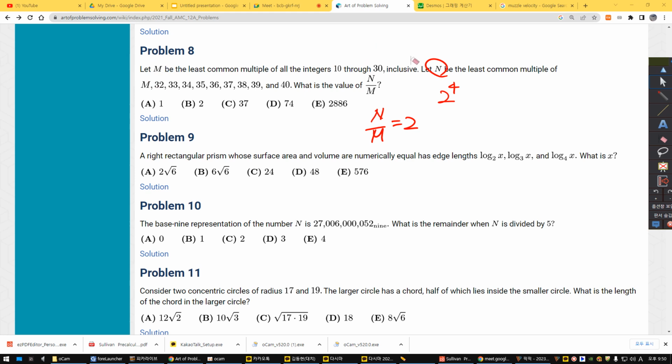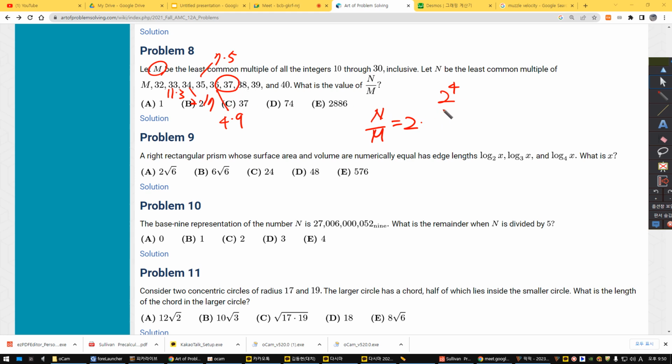And for number 33, does m contain this number 33? Because 33 is 11 times 3, it already has this 11 and 30, so we don't have to think about this. And 34, 2 times 17, these numbers are included in this 10 through 30. 35, it will have these factors. 36, it will have these factors, but 37 is a problem because 37 is a prime.